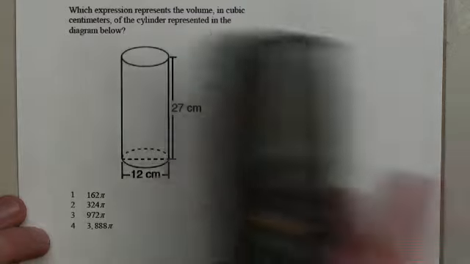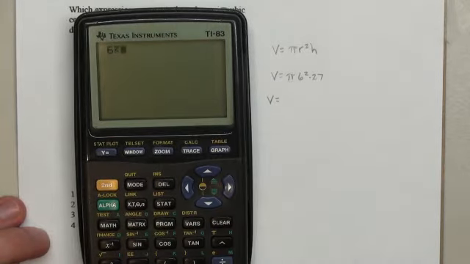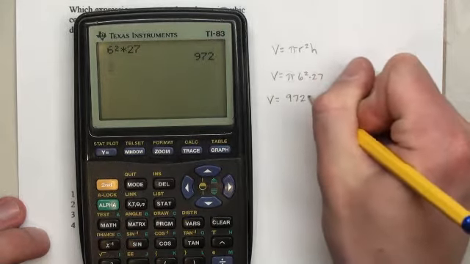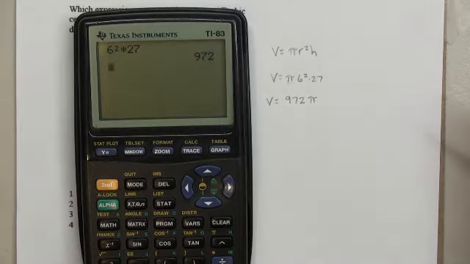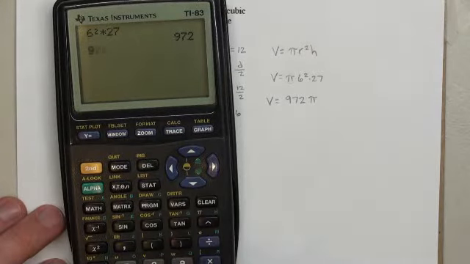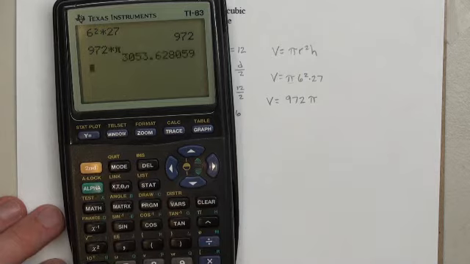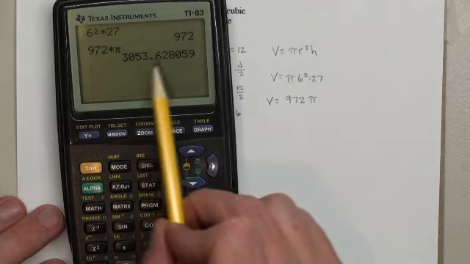All I'm going to do is 6 squared times 27. So my answer is 972 pi. Sometimes the answers don't want pi, so then I would just do 972 times pi. That's the real answer. But you see how it's this decimal thing?